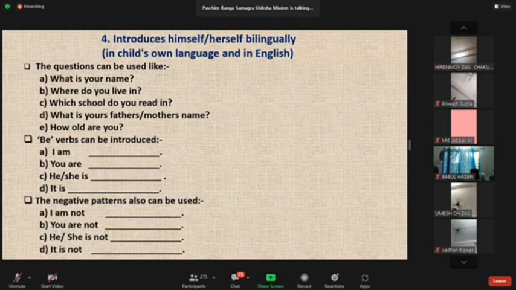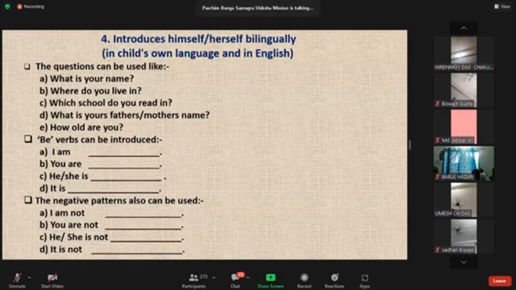Whenever we are telling this, it is not necessary to give the idea that I is the subject, am is the be verb, and boy is the object. Not that, but only they are practicing to say some statements on their own. That is, I am a boy. And whenever they are able to say these statements, then their oral language development will gradually become very fluent.